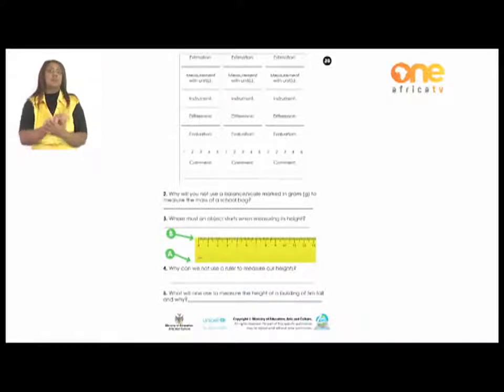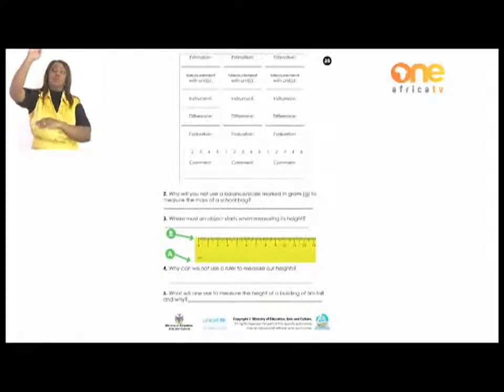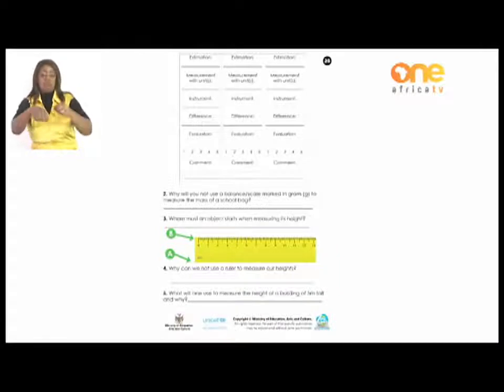Why do we have to use a measuring tape or a meter stick? Question 5. What will one use to measure the height of a building of 5 meters tall, and why? So it's asking the instrument, and why are we using that instrument?